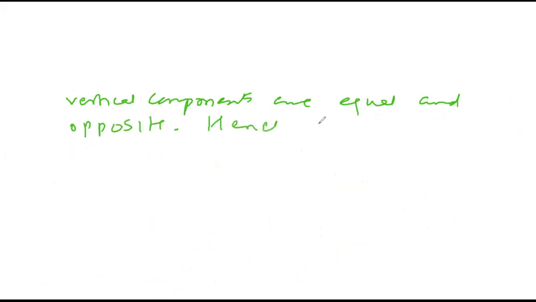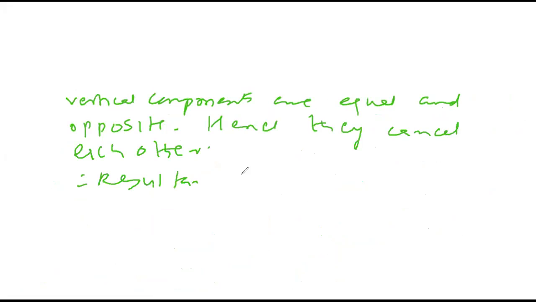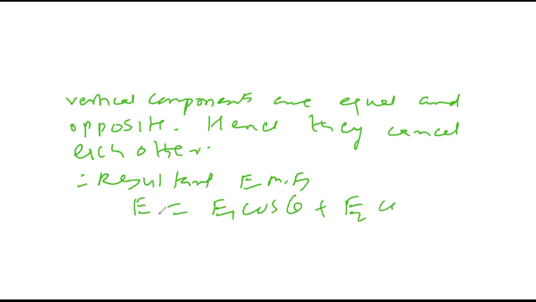E1 and E2 can be resolved into two rectangular components. Vertical components are equal and opposite. Hence, they cancel each other. Therefore, the resultant field E will be E1 cos theta plus E2 cos theta.